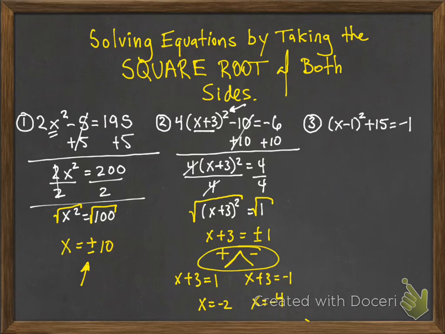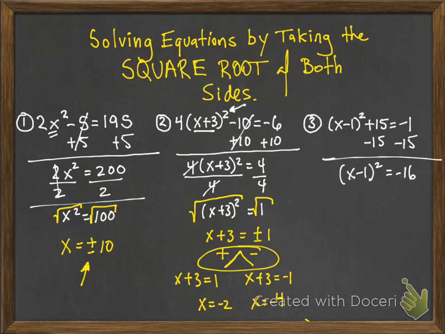The third example is going to illustrate an example that has no solution. So we start like example number 2. We want to flush everything to the right-hand side, so I subtract 15. When I subtract 15, I get x minus 1 squared equals negative 16.